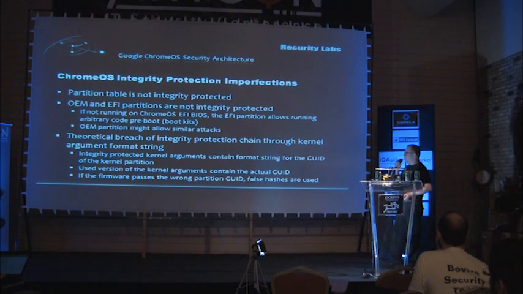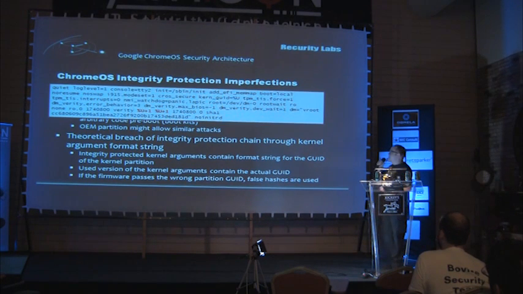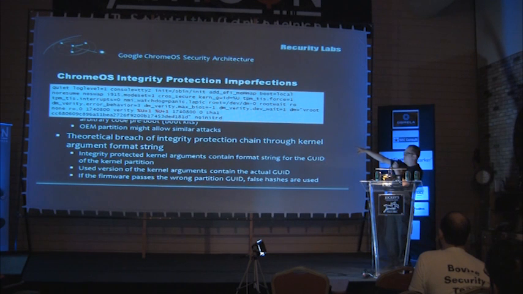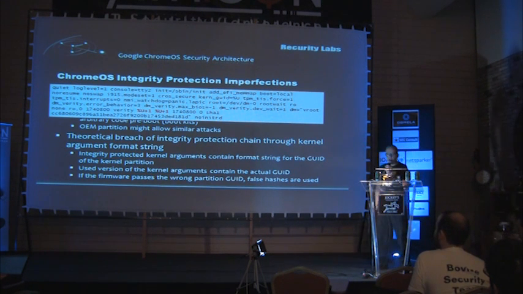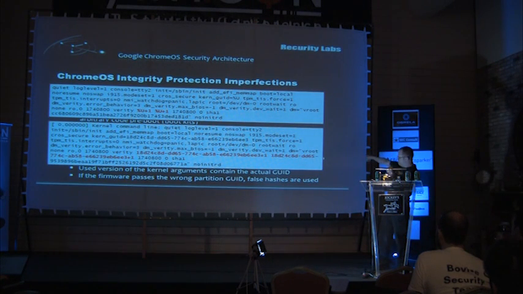And there's a theoretical breach of integrity here, because at the point where they're starting the kernel, this is what they have as the integrity as the start parameters for the kernel. And what you see here in red is the %u+1. This is where they later fill in the UIDs of the disks that they actually want to boot.